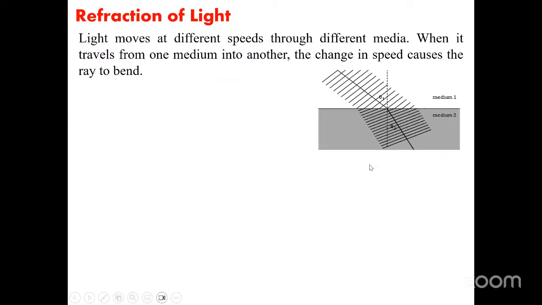The light moves with a different speed through a different medium. So when it is moving from one medium to another medium at the normal, the light ray bends. That is the phenomenon of refraction of light. Incident, refract. See this, bending of light.